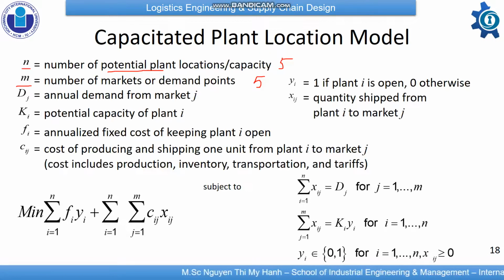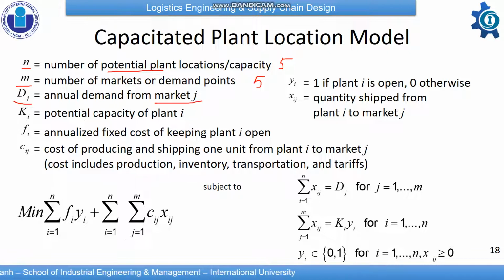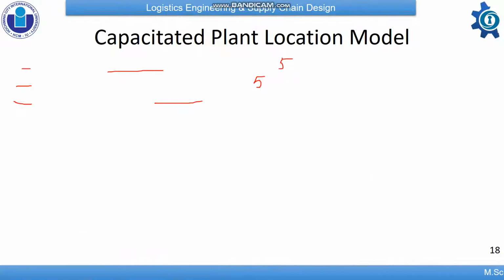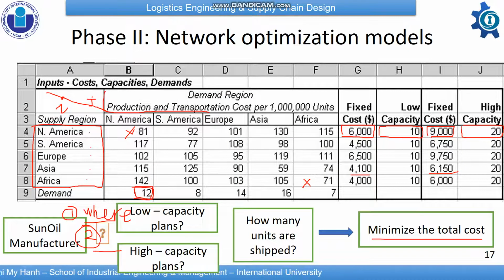Okay. The next one, Dj, is the annual demand from market j. So for example, market North America, the demand is 12.